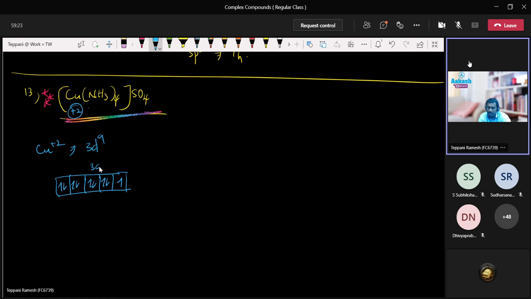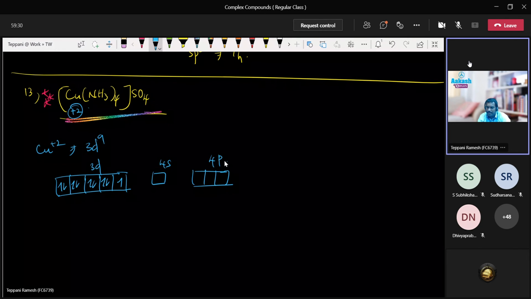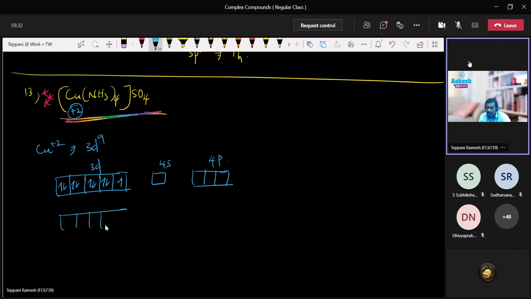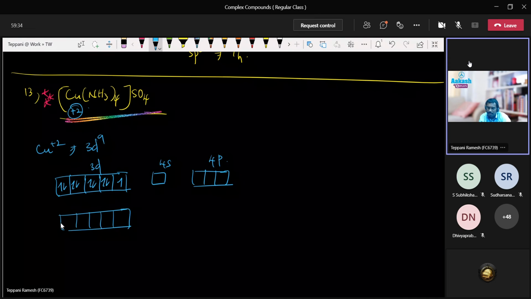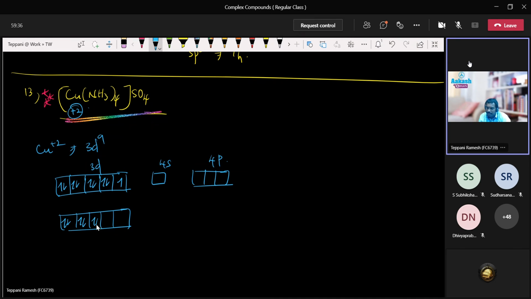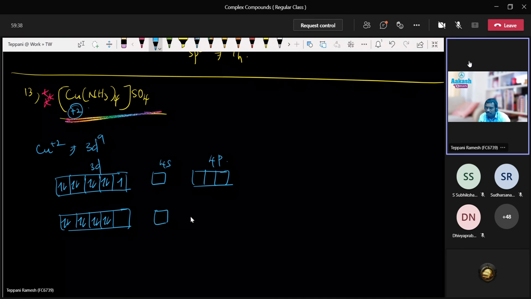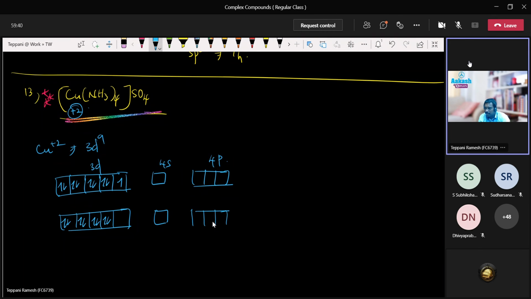This is 3d, 4s, 4p. But Pauling suggested that the extra unpaired electron moves to the 4p, giving dsp2 hybridization. So square planar Cu plus 2.